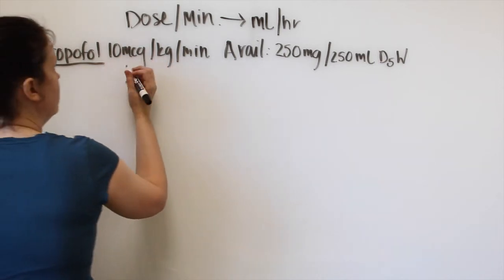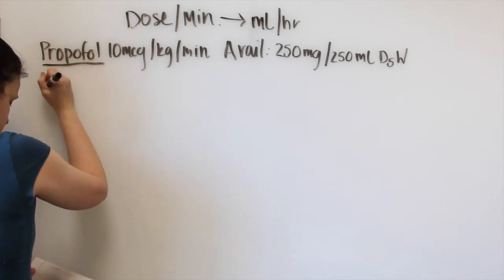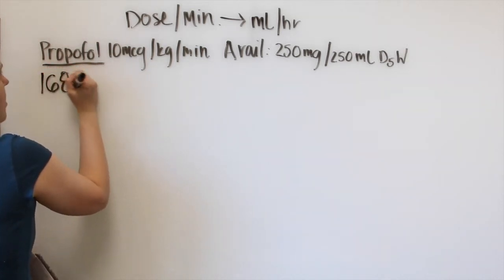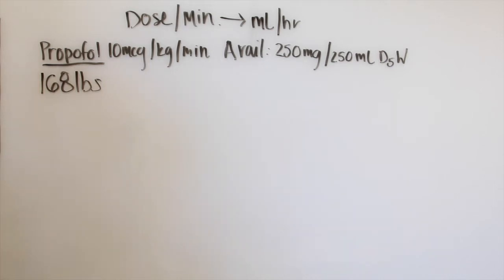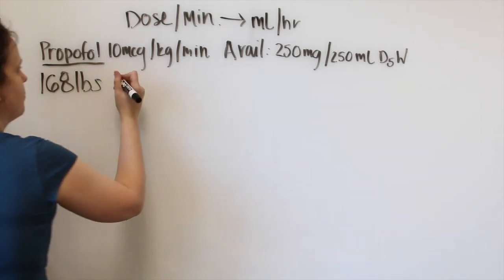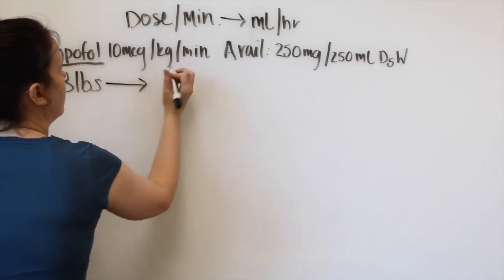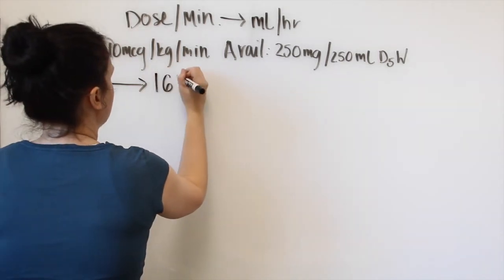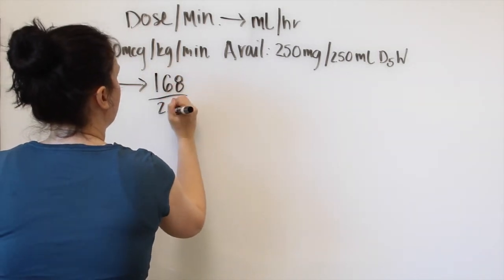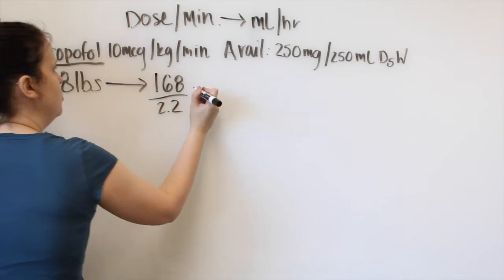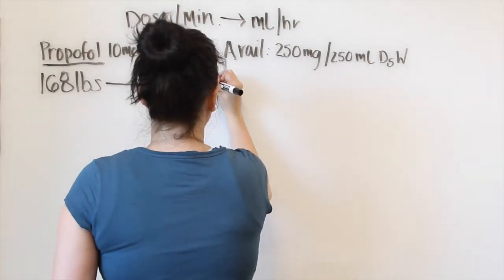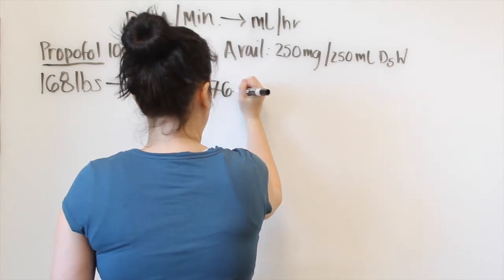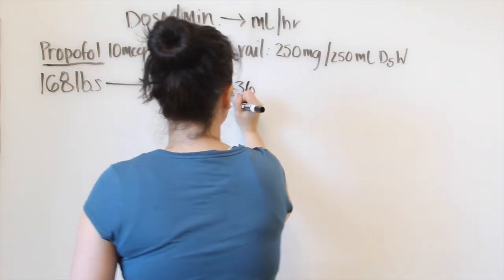So the first thing we're going to do, I'm sorry, I also forgot this. Your patient weighs 168 pounds. You're going to divide by 2.2 to get number of kilograms. And you actually get 76.36.